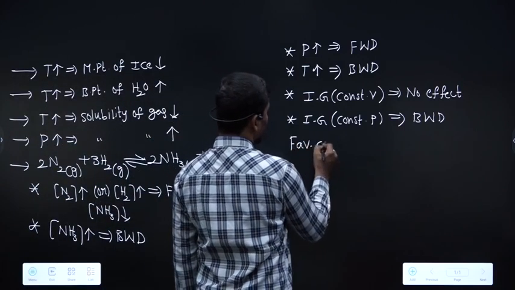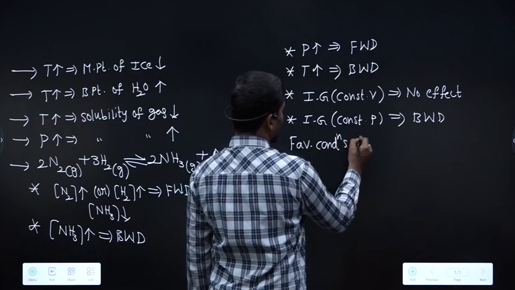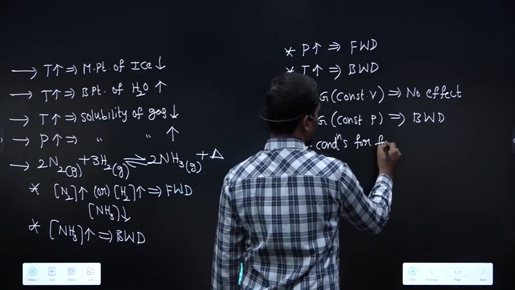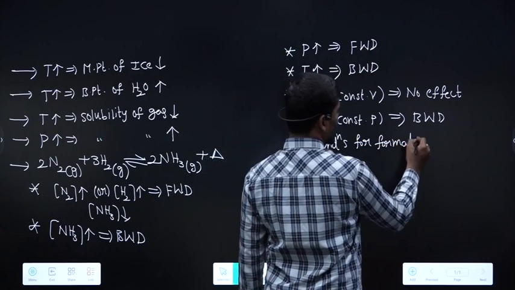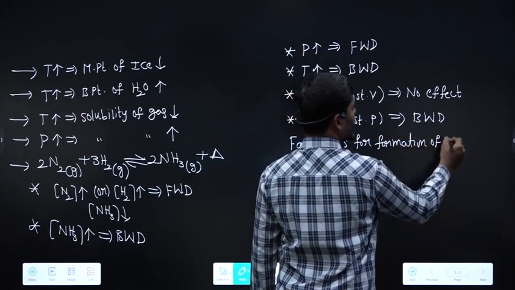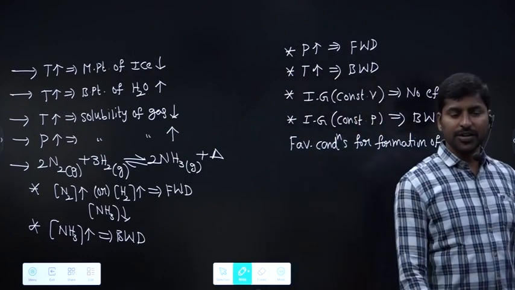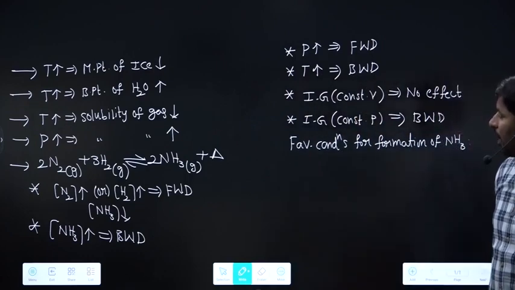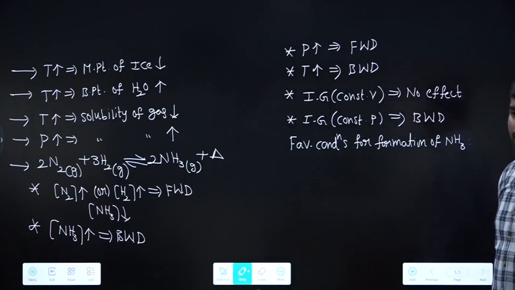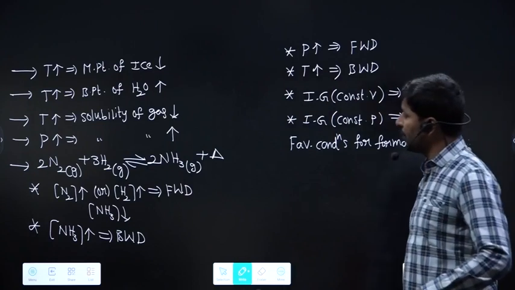Tell me favorable conditions for formation of ammonia with respect to temperature and pressure. High pressure and low temperature.